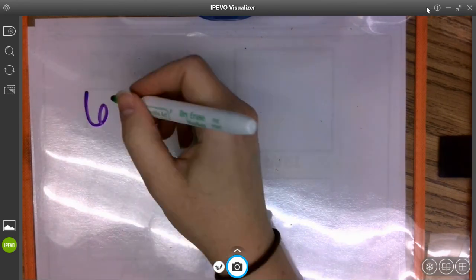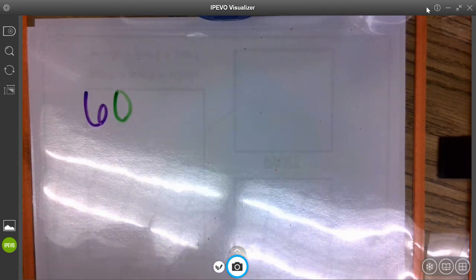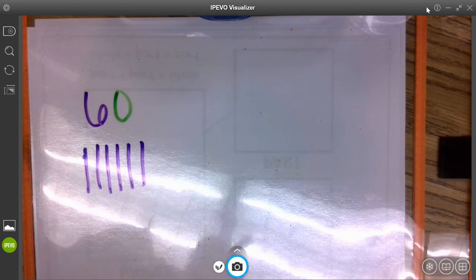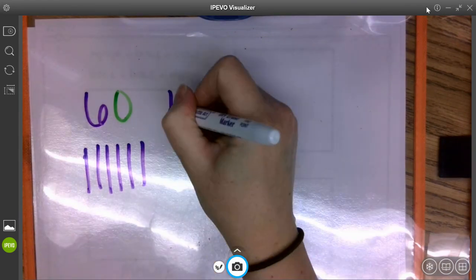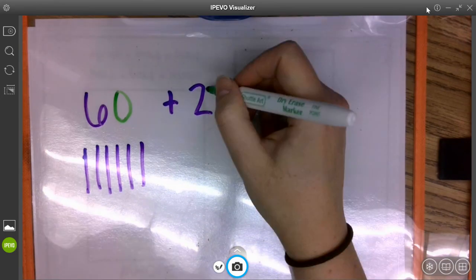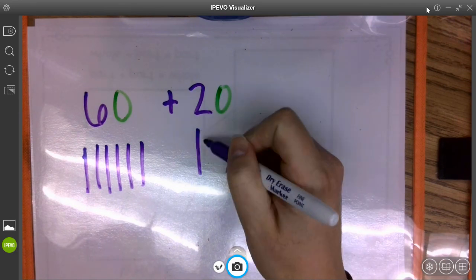Let's do 6 tens, which is 60. I'm going to draw my 6 tens. 1, 2, 3, 4, 5, 6 tens. Plus 2 tens, which is 20. 1, 2.